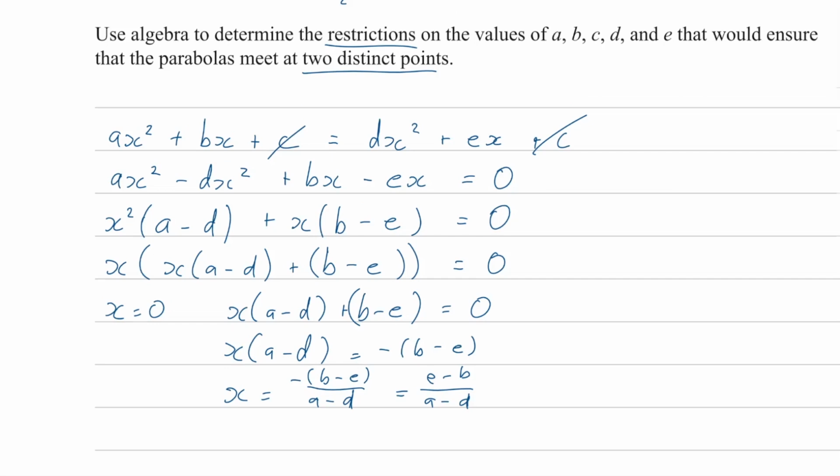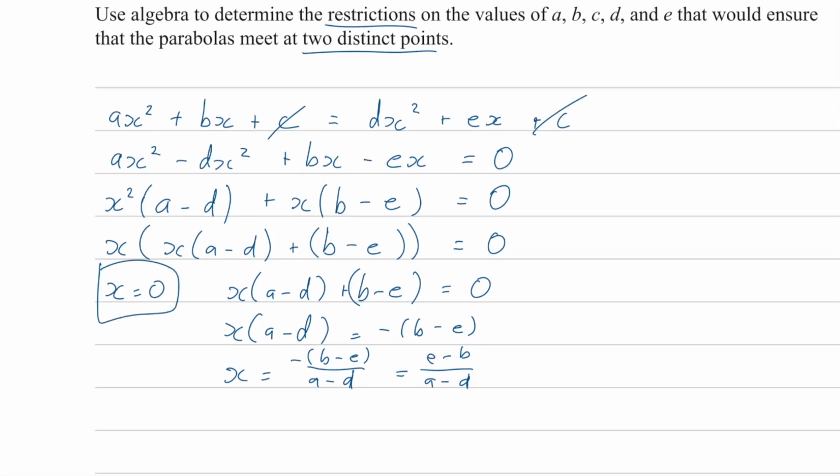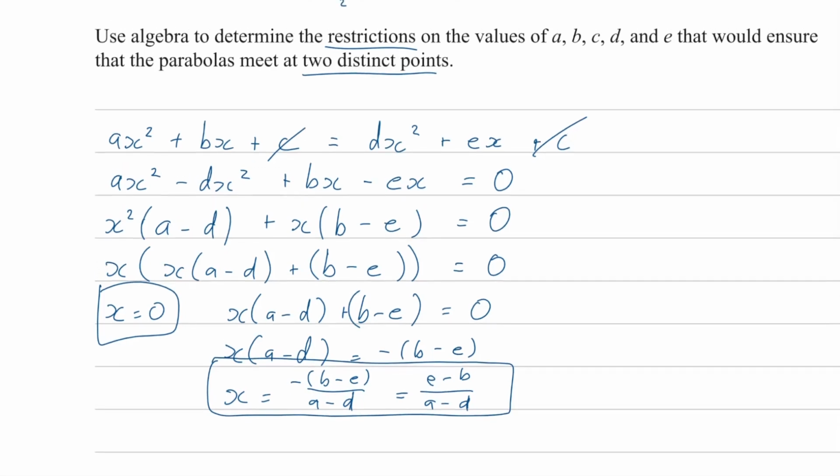Now what this is saying is the two x values of the intersection points are either 0, so that's on the y-axis, or at this value x equals e minus b over a minus d.